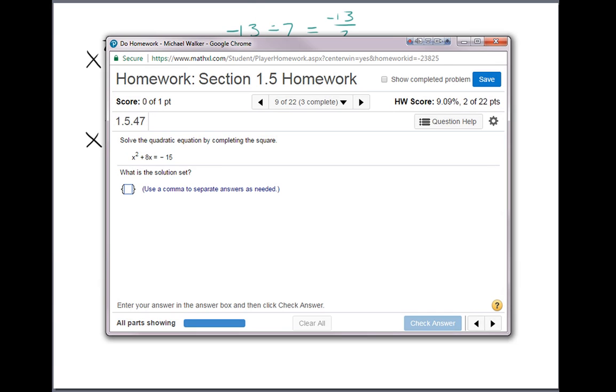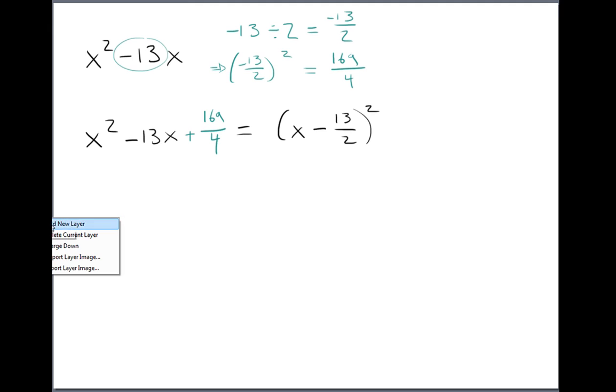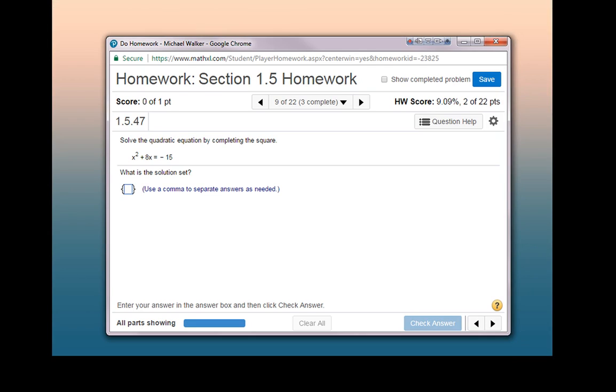Now I mentioned solving by completing the square, and let's do that with this quadratic. x squared plus 8x equals negative 15. So we'll hop back over to our little fake whiteboard, and we have x squared plus 8x equals negative 15.